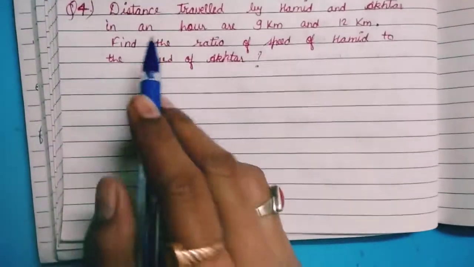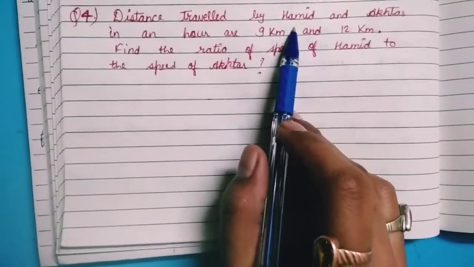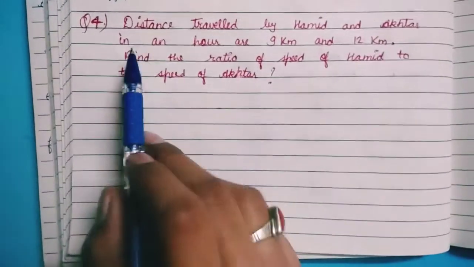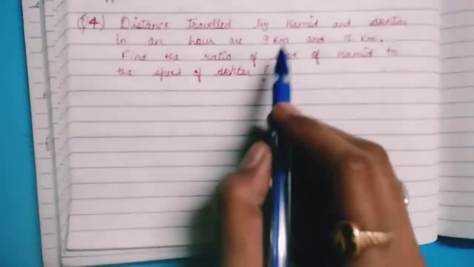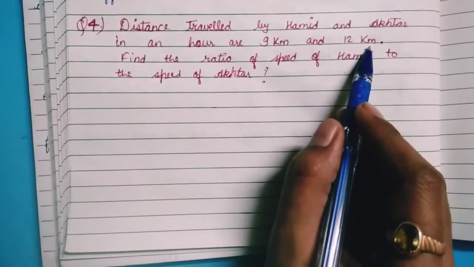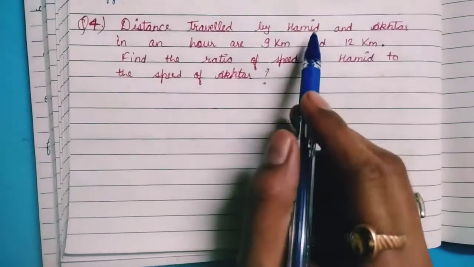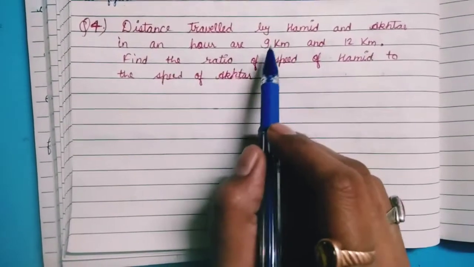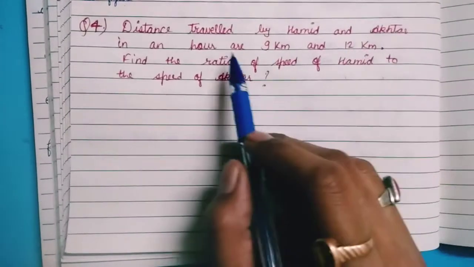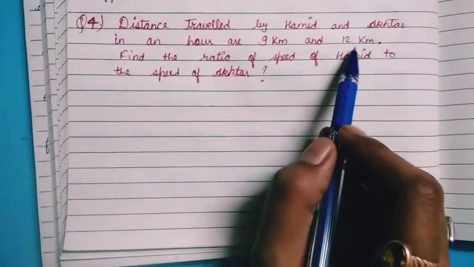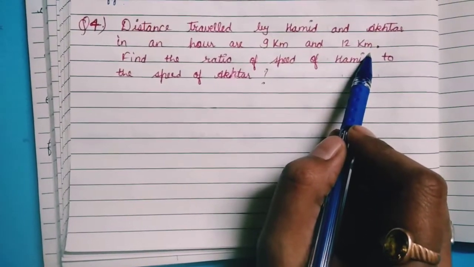Question number 4 is, distance travelled by Hamid and Akhtar in an hour are 9 km and 12 km. It means in 1 hour Hamid travels 9 km and in the same 1 hour Akhtar can travel 12 km.